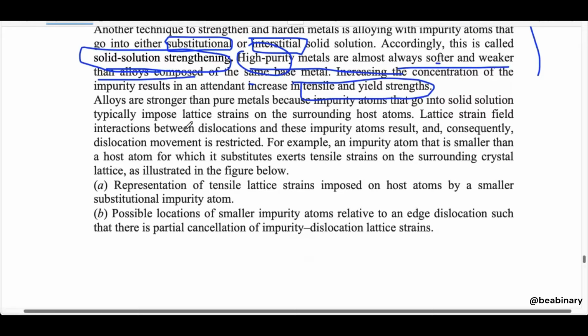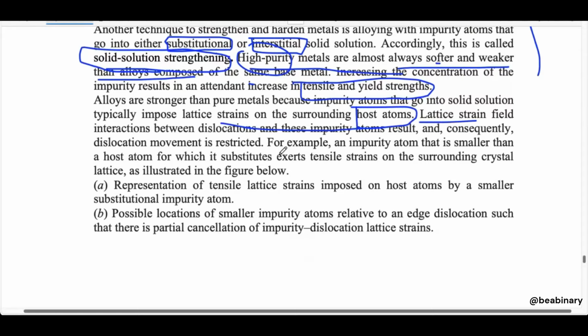So what happens here? They impose lattice strains on the surrounding host atoms. So the lattice strain fields interact between the dislocation and these impurity atoms, and consequently dislocation movement is restricted. What happens when you introduce another foreign element is that it increases your lattice strain, and that lattice strain will not let your dislocation move further.